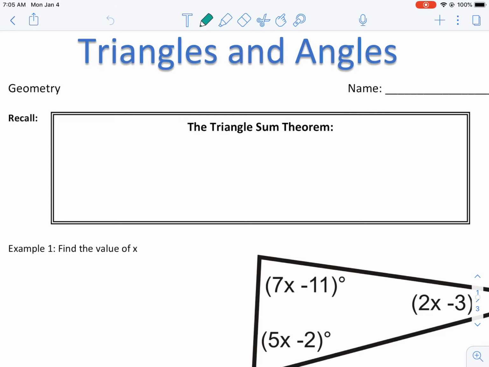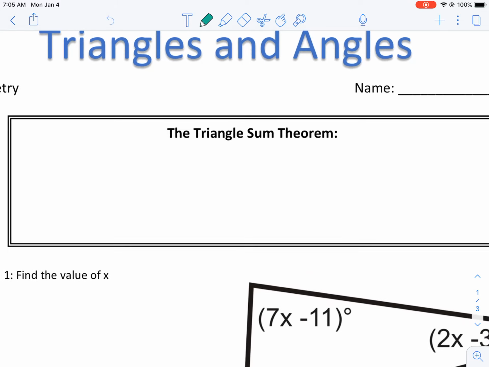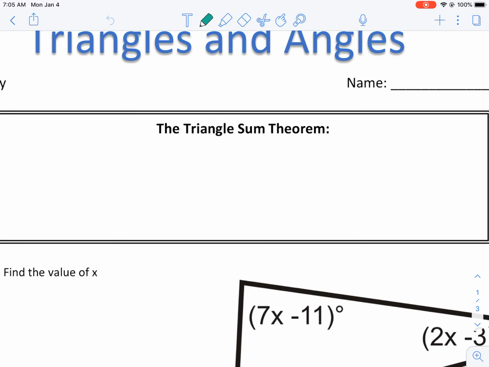the triangle sum theorem. Now, I usually say the triangle angle sum theorem, but I guess it doesn't matter.